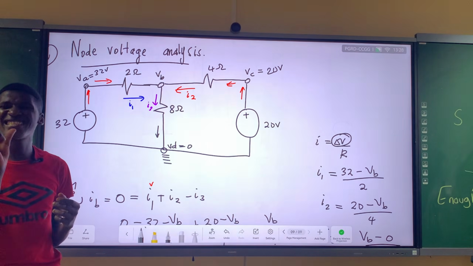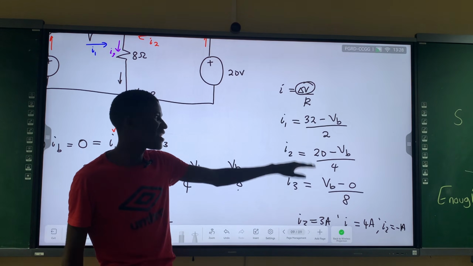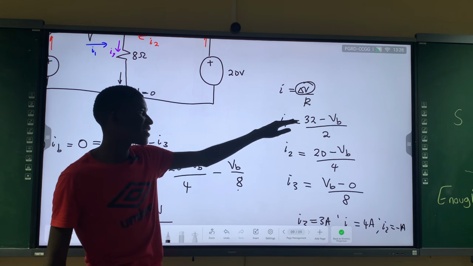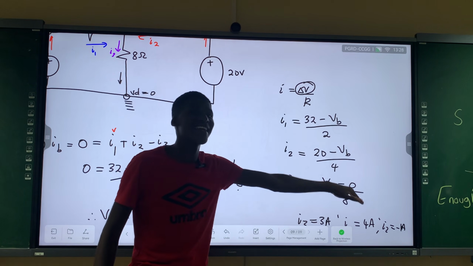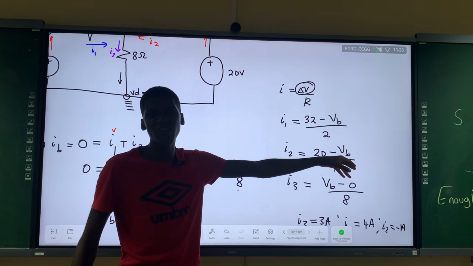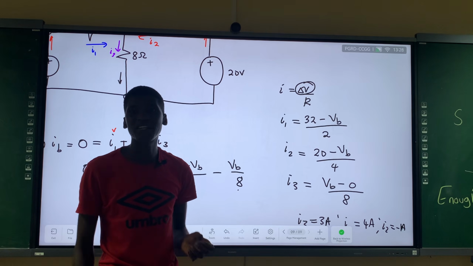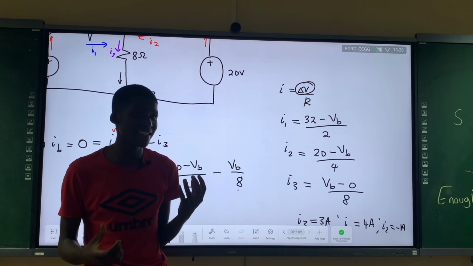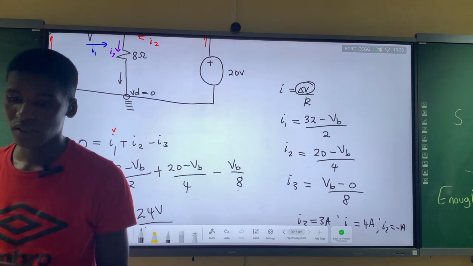So use one trend, because your maths will trouble you if you mix them. Here you say 32 minus VP, here it will be 20 minus VP, here it will be VP minus 0. Don't get confused when you find another expression like VP minus 20, because others are using a different trend. But all of it mathematically will be correct if you choose one consistent direction. Do you understand?